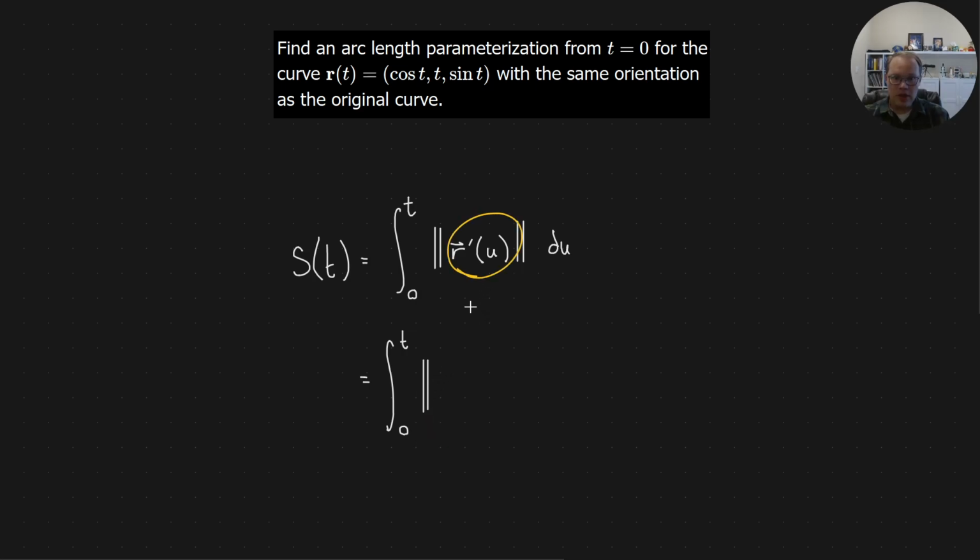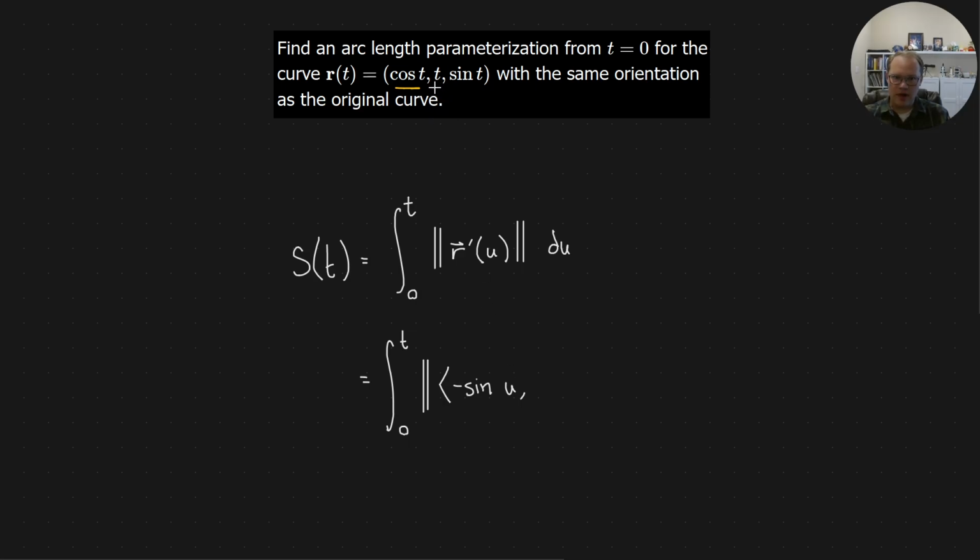So this should be r prime, and the only thing I'm doing differently that's a little strange is swapping out all the t's for u's because I want to reserve t for the limits of integration. So here's our function. First component is cosine t. The derivative of cosine t is negative sine t. So that's what I write here, just swapping out that t for a u.